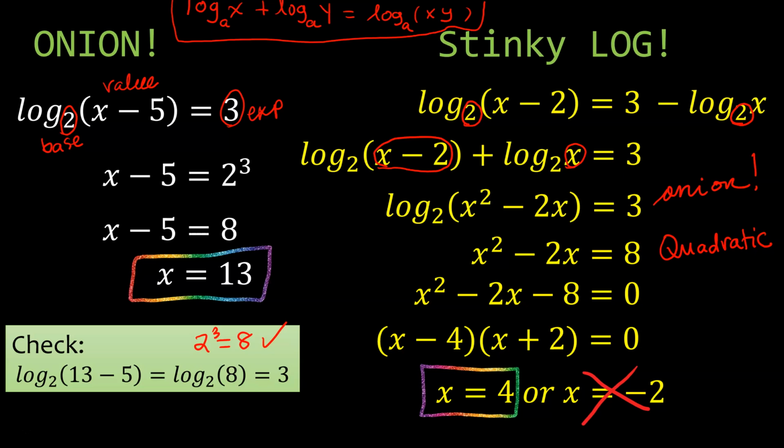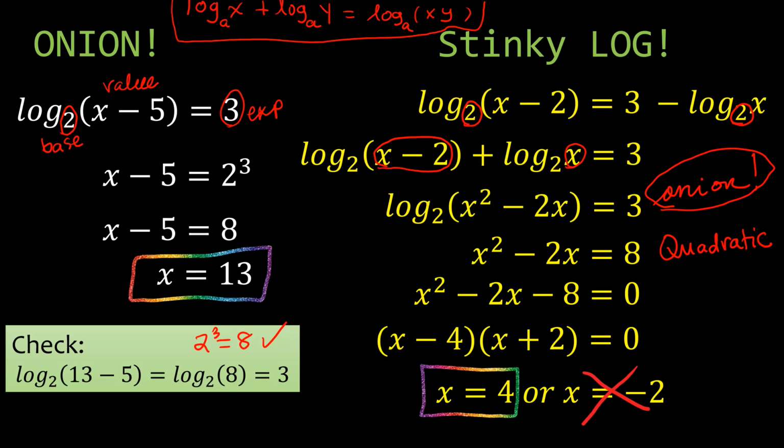Okay, so that is the gist of stinky logs. Make sure you get all the things with x's to one side, apply property of logs, and then that will give you an onion to peel off the layers.